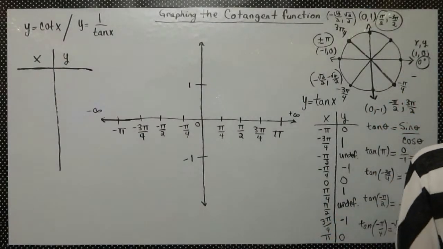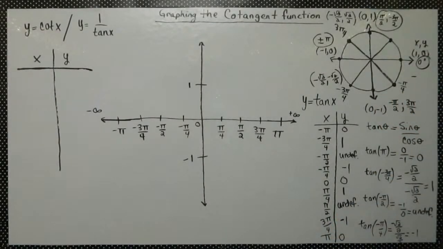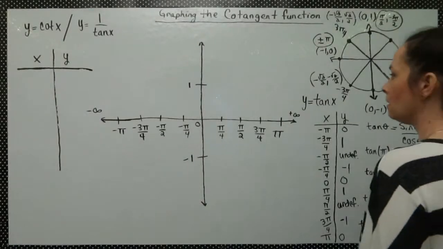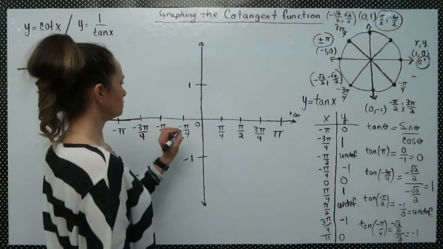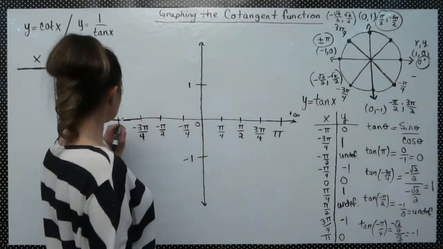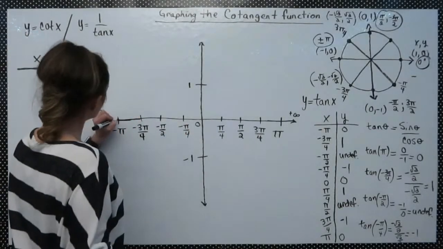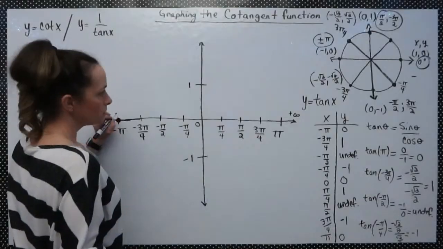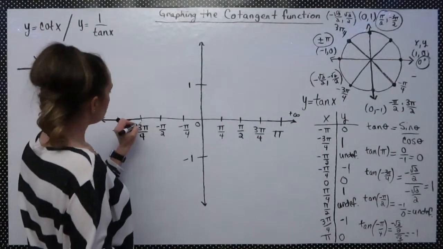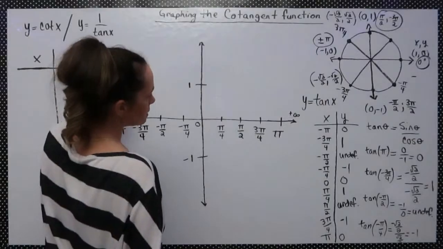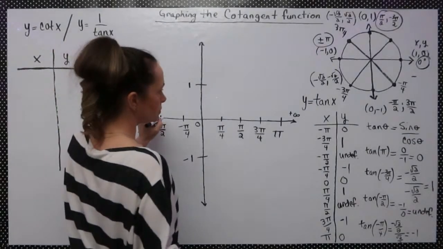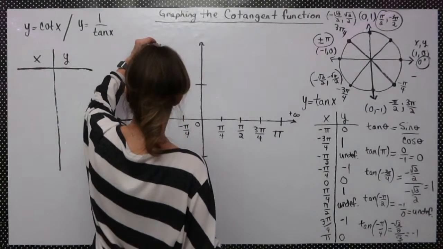And if I've accurately sketched this graph, is that correct? Oh, I did that really quick. All right. So I'm going to go ahead and sketch the graph at negative pi, I'm at 0. And I'm going to dash this one. At negative 3 pi over 4, I'm at 1. And negative pi over 2, I'm undefined.